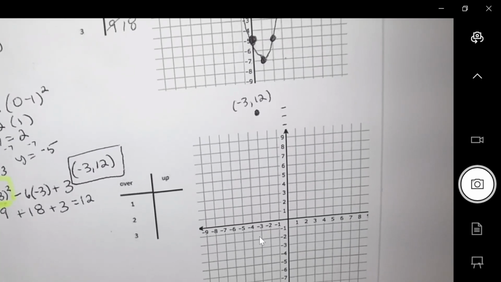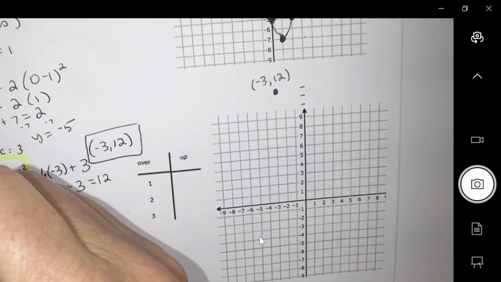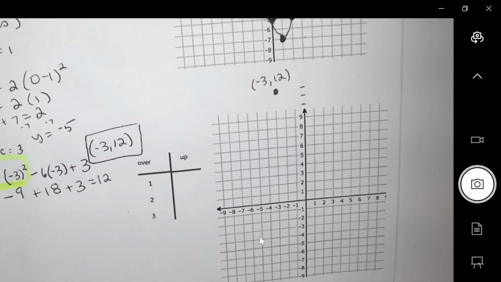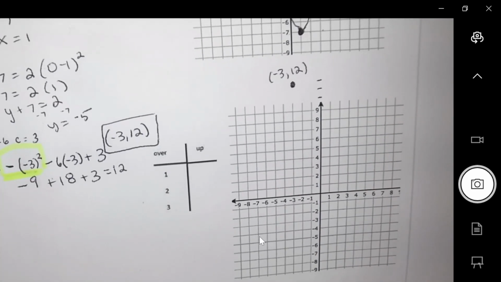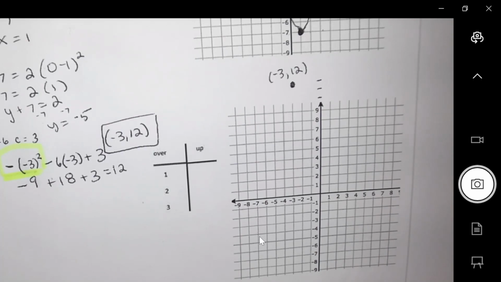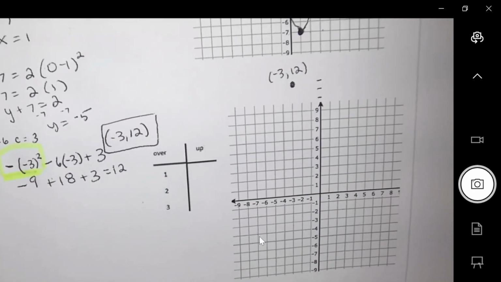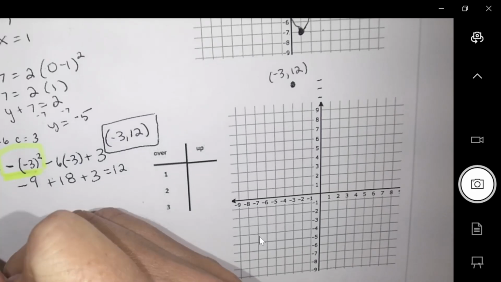Okay, what is our slope number? Negative 1. It's the multiplier on the x squared part. What's the domain? Same. And when I think about the range, I first have to say which way am I opening? Down.